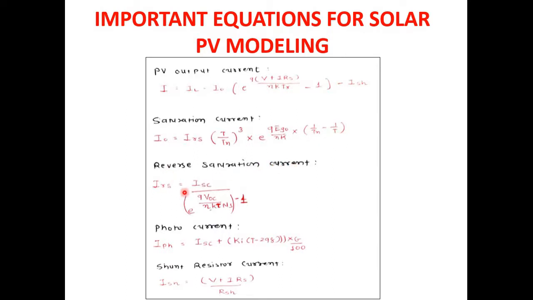Now the reverse saturation current IRS is equal to ISC divided by (e raised to q VOC divided by N K T NS, minus 1). The photocurrent IPH is equal to ISC plus KI into (T minus 298) into G by 1000. The shunt resistor current ISH is equal to (V plus I Rs) divided by RSH, in which the value of RS is 0.05 to 0.10 and the value of RSH is from 200 to 300, so this value is very negligible.